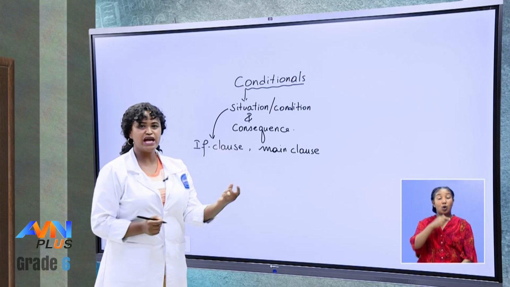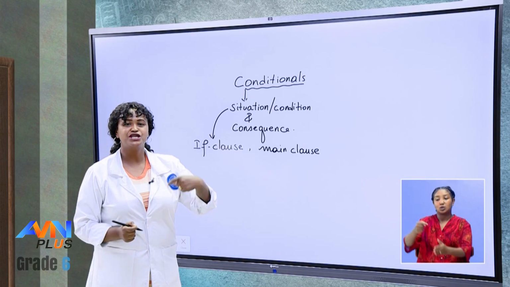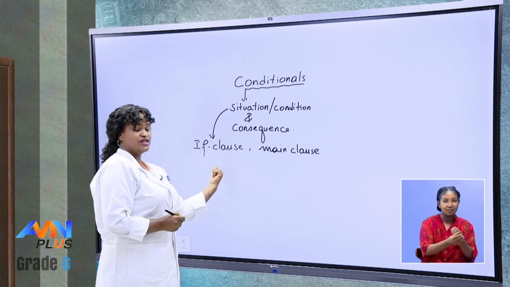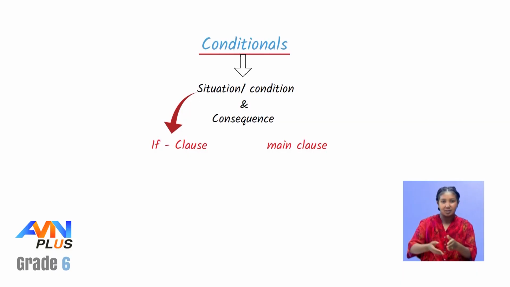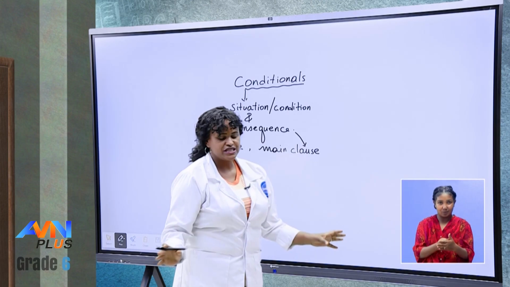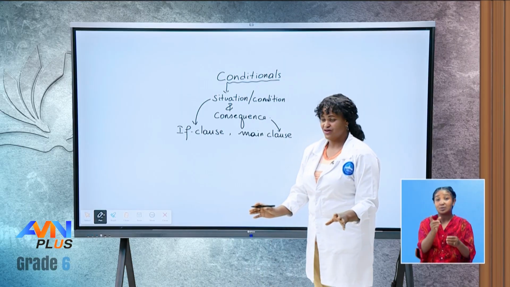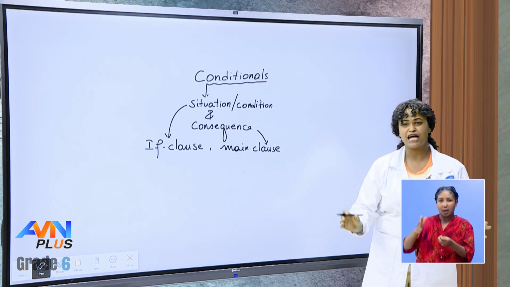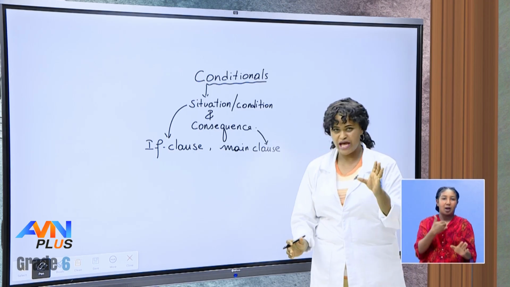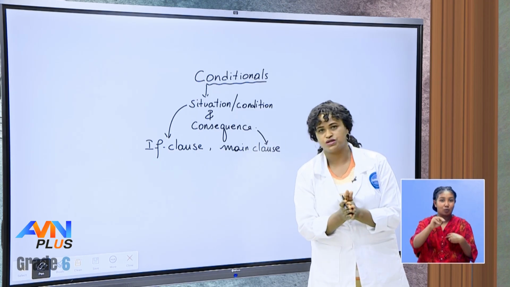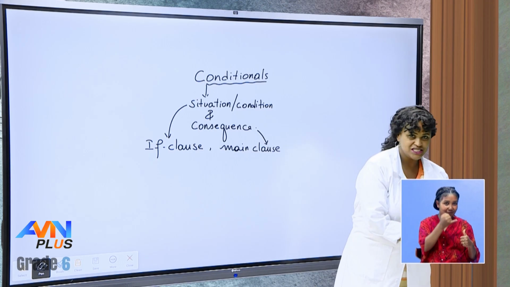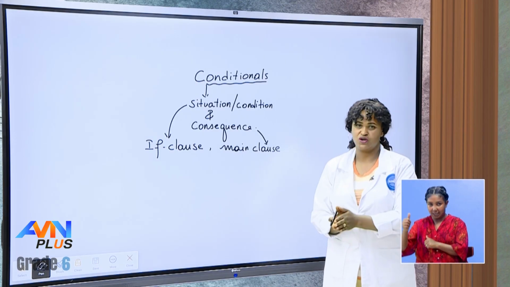When we say main clause, that is what? The consequence that follows the if clause, right? So this is a main clause. So whatever the type of a conditional is, every conditional has got how many clauses? Very good. We have two clauses. If clause and main clause.